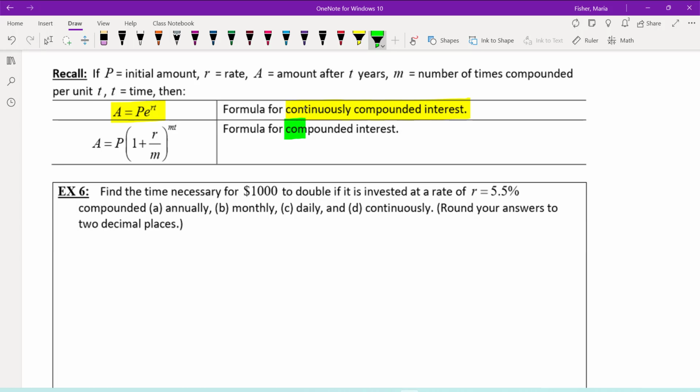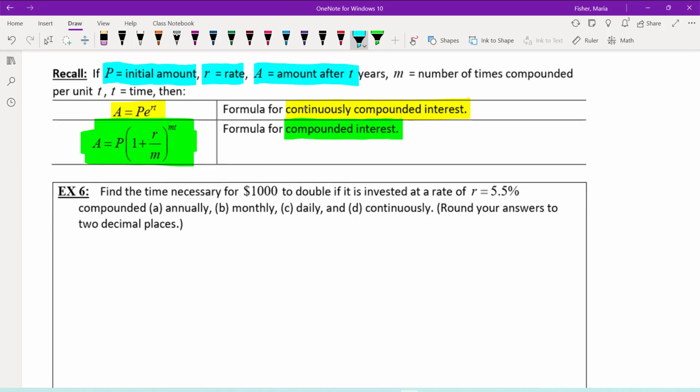And we have the formula for compounded interest, and that's A equals P times 1 plus R divided by M raised to the MT. That's where P is the initial amount, R is the rate, A is the amount after T years, M is the number of times that you compound per unit of T, and T is time. Let's do number 6.